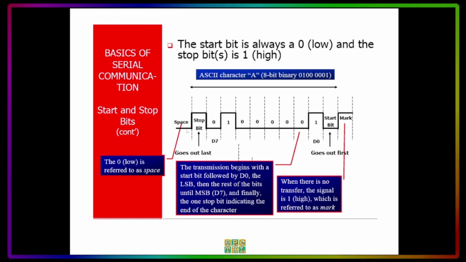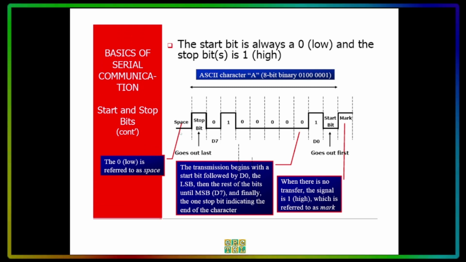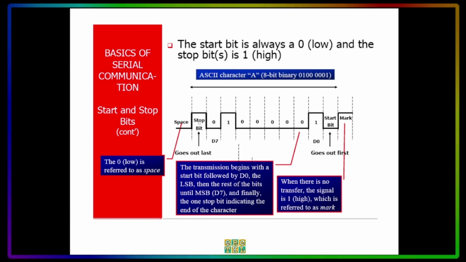And then there will be a space. Now the low is referred to as space, and the high is referred to as mark. So we'll have mark, start bit, then our characters, then stop bit, and then space. This is how the characters are being sent.